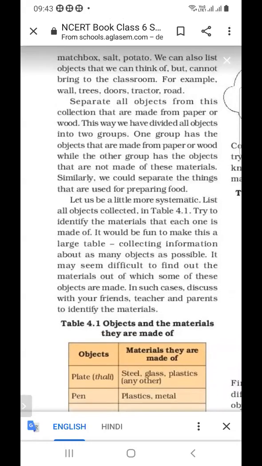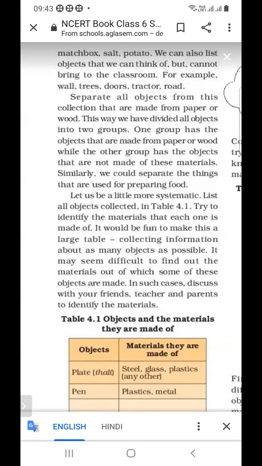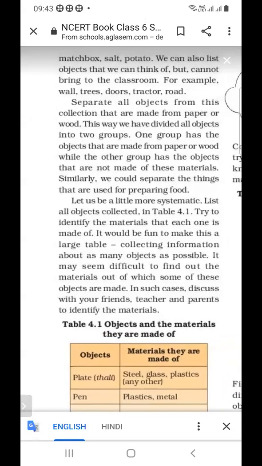One group has the objects that are made from paper or wood, while the other group has objects that are made of other materials. Similarly, we could separate the things that are used for preparing food.